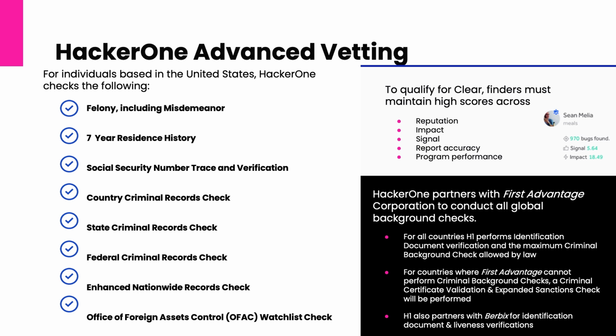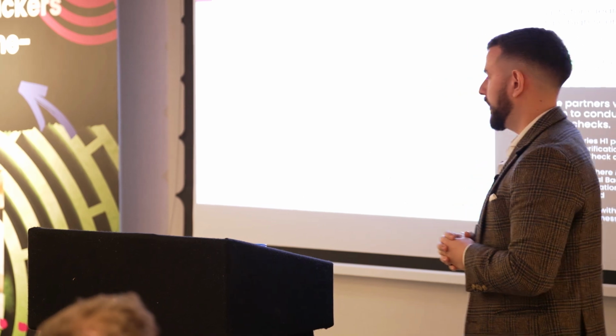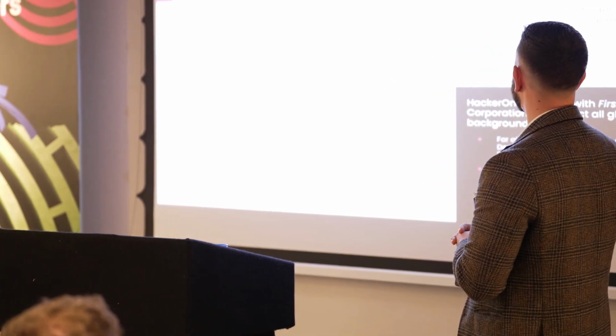This elite cohort has been thoroughly background vetted. What you see here is actually a list of US-specific checks. And of course, our pen test roster is global. We localize these to the region that they reside. We actually use a partner, First Advantage, to go through this. They will vet these hackers for us so that we know they are safe to touch your organizations.